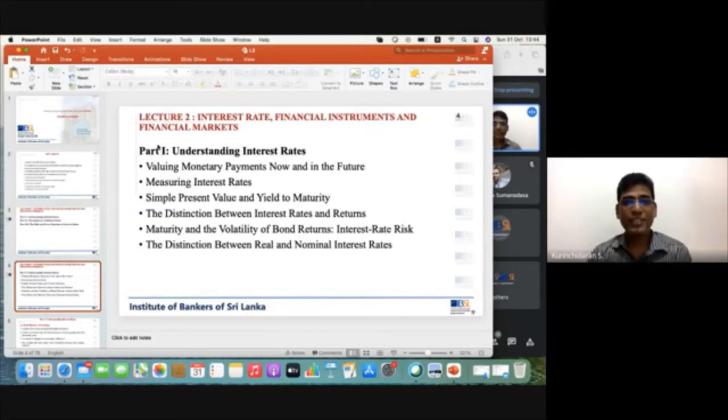Then the distinction between interest rates and returns, thereafter maturity and the volatility of bond returns, basically interest rate risk, then a distinction between real and nominal interest rates. That will be useful in our monetary policy analysis at a later stage. So this is the coverage of the first part, and we will be looking at the second and third.